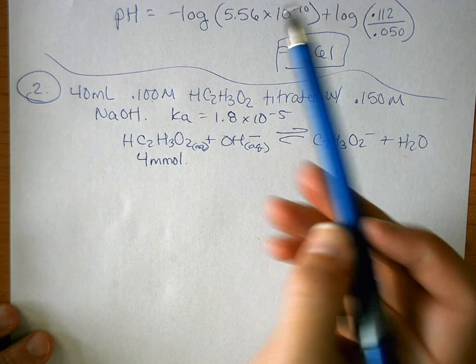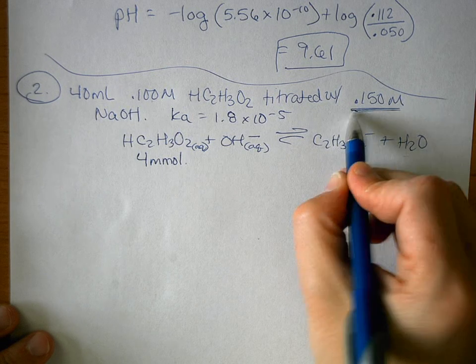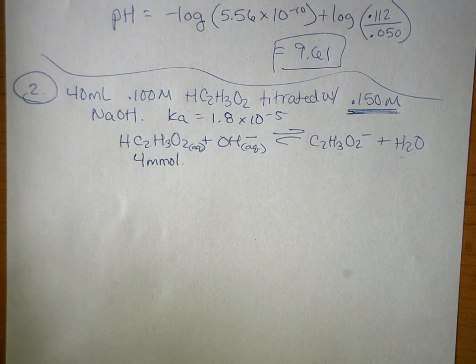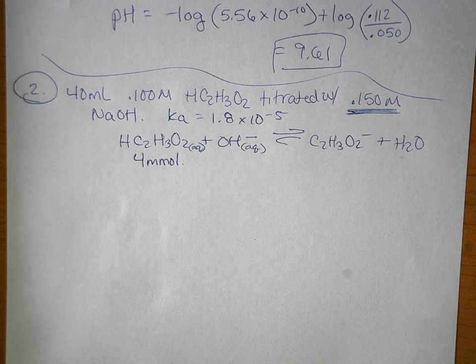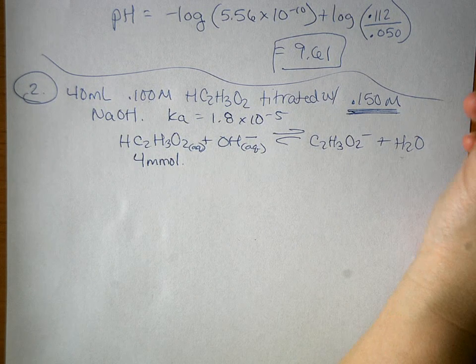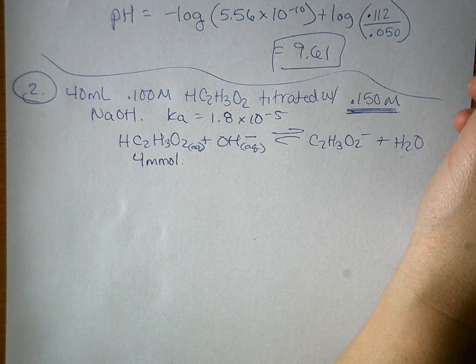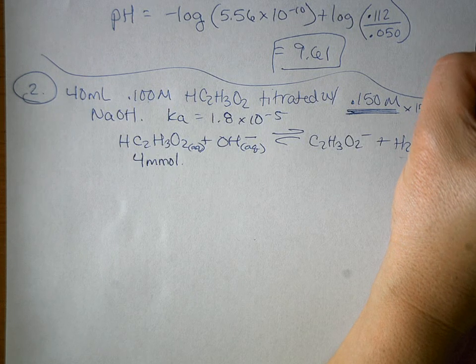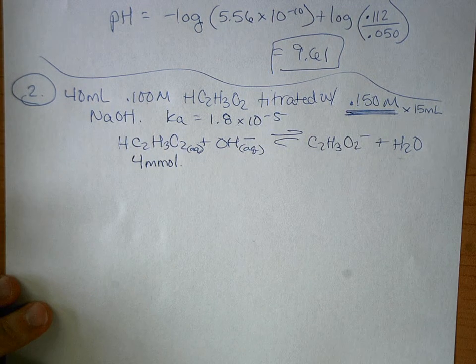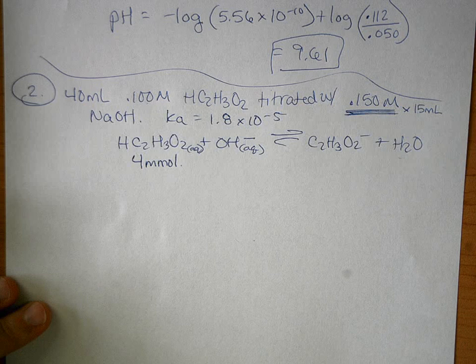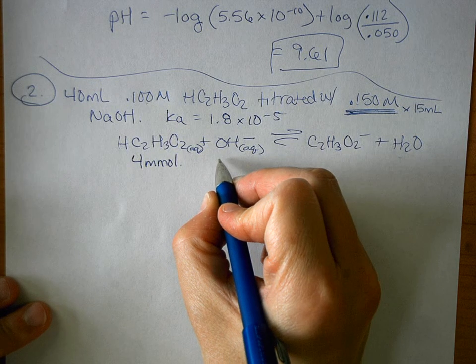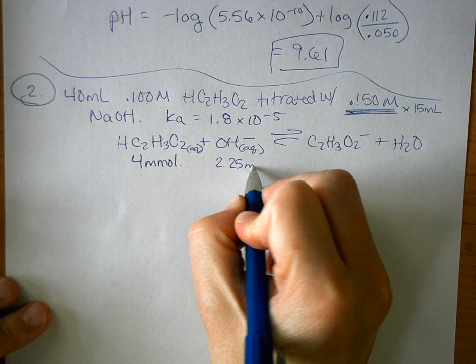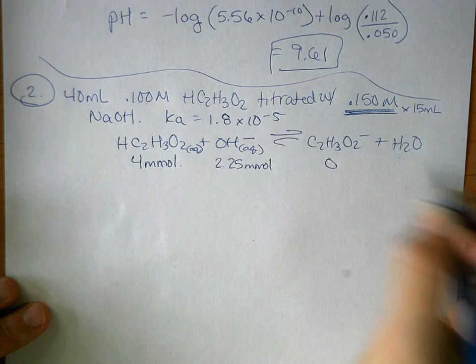To get hydroxide, I need to take this concentration, 0.150, and multiply it by my different amounts. So for part A, I'm adding 15 milliliters. Then I multiply those together, and that gives me 2.25 millimoles. Okay, this is 0.